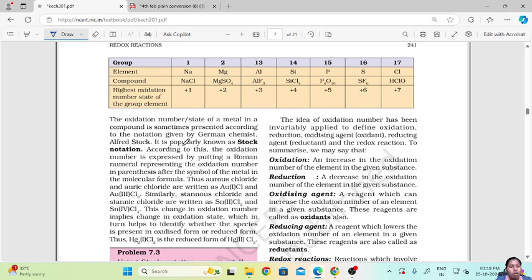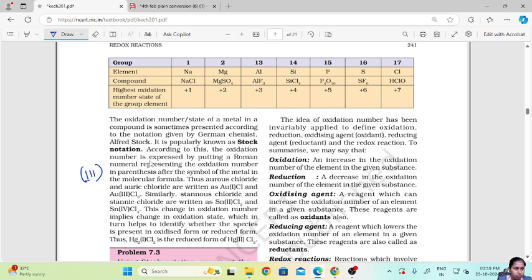According to this, the oxidation number is expressed by putting a Roman numeral representing the oxidation number in parentheses after the symbol of the metal in the molecular formula.